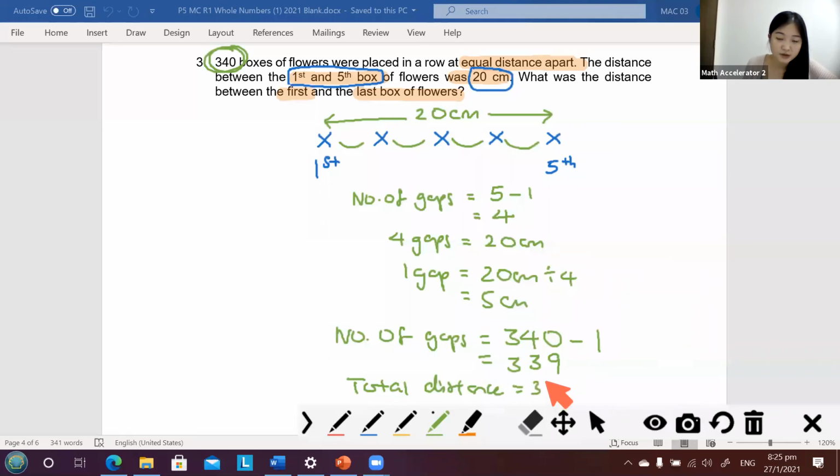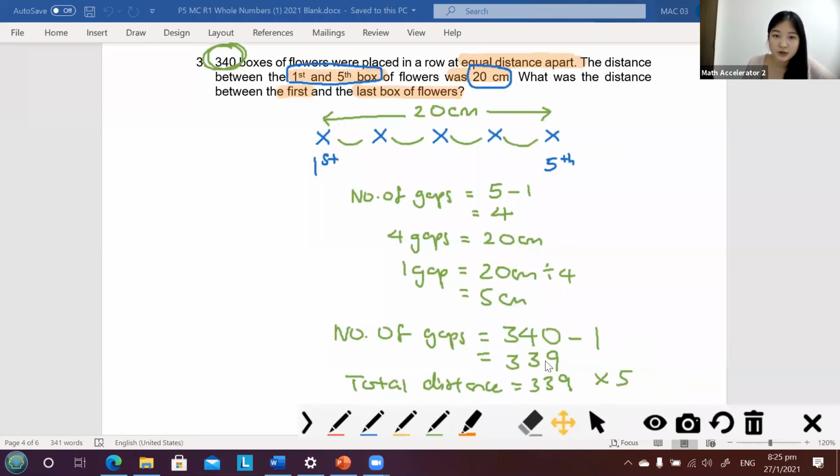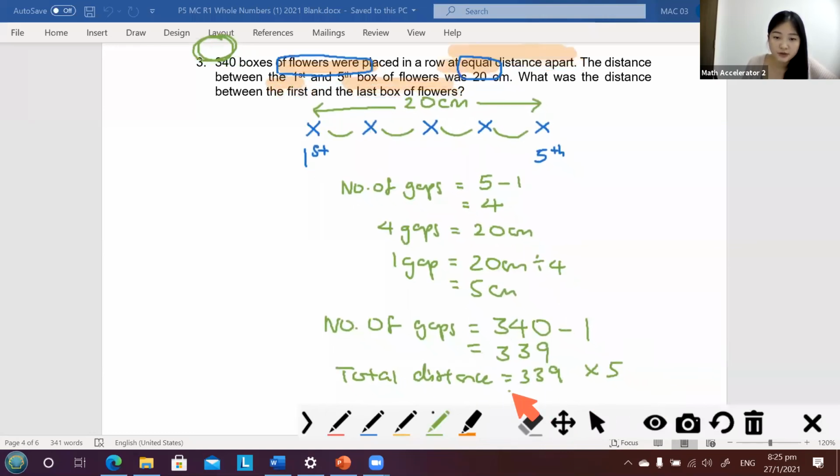339 times 5 cm, yes. So that will get you your answer of 1695 cm. Because each gap is 5 cm, not 4 cm.